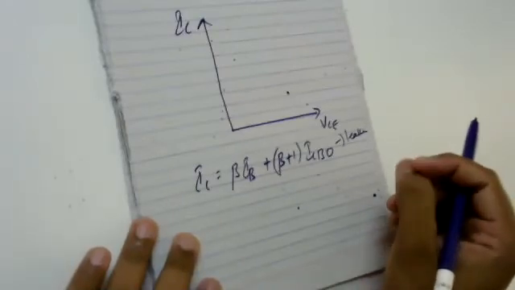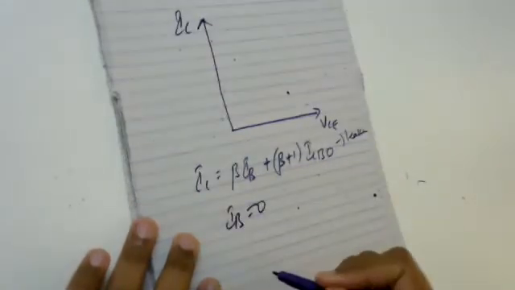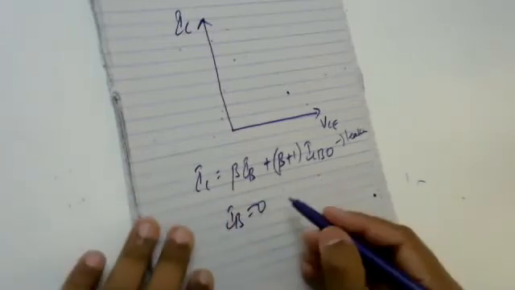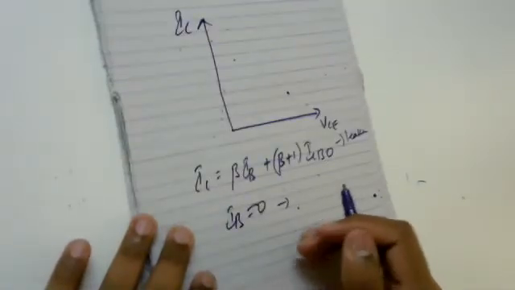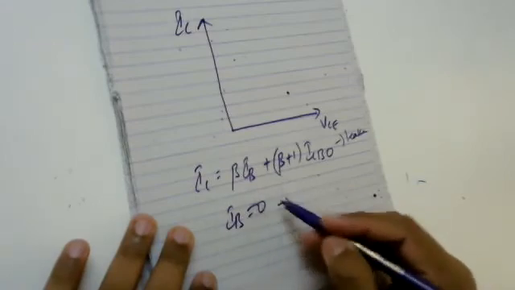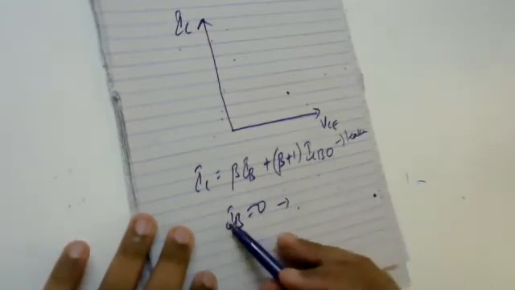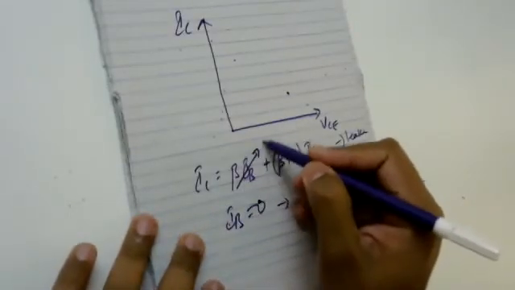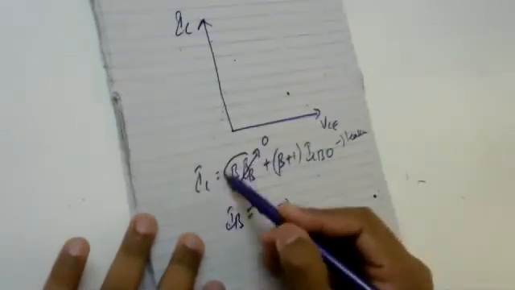Now, let me say that my IB is 0. What does it mean? IB is 0 means I am not applying any input. So since my input is 0, this term becomes 0, so this entire term becomes 0.